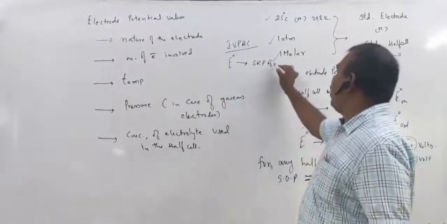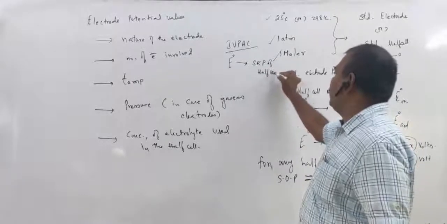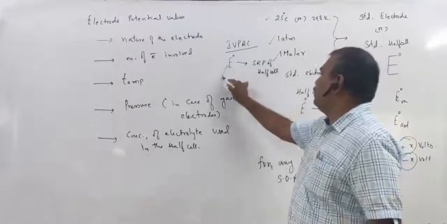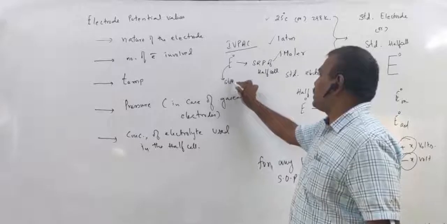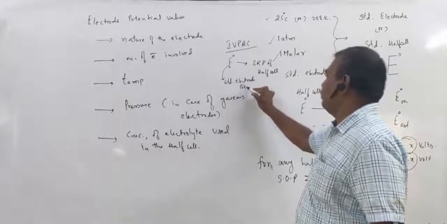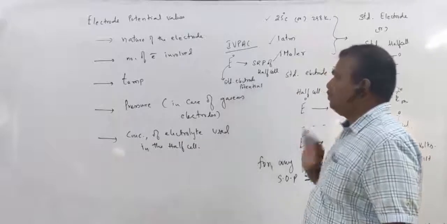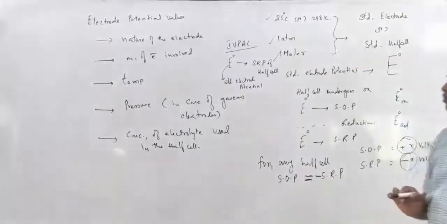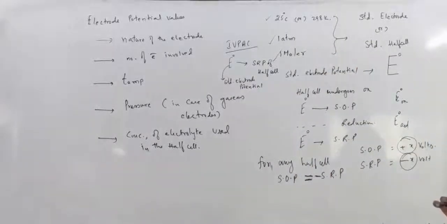SRP of half cells is treated as electrode potential, standard electrode potential. Clear?